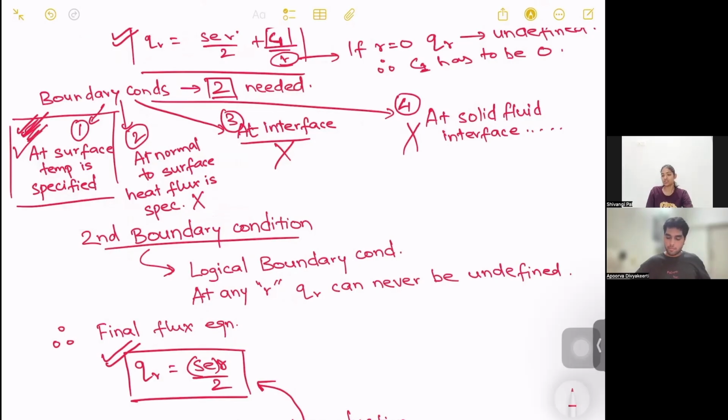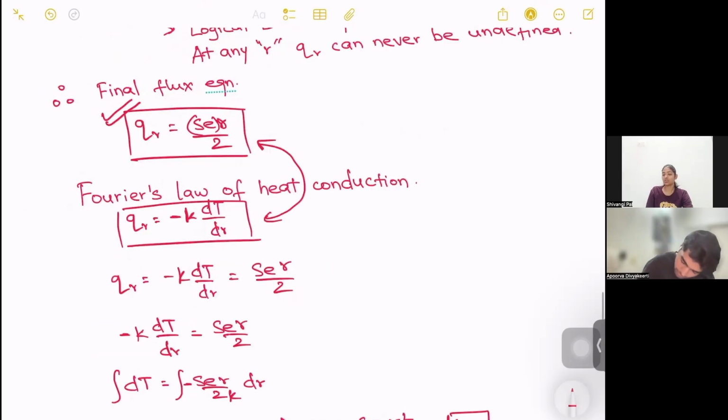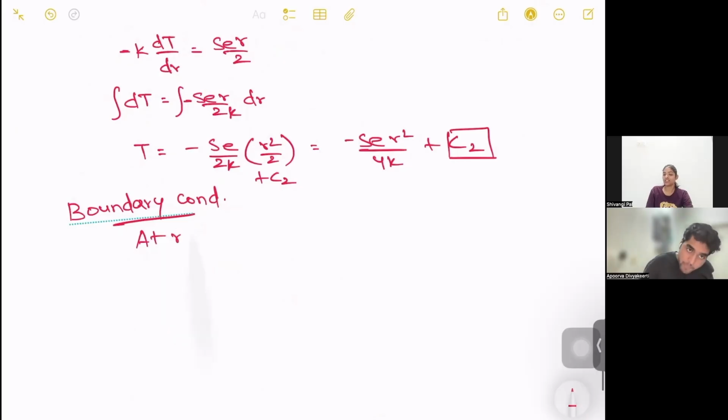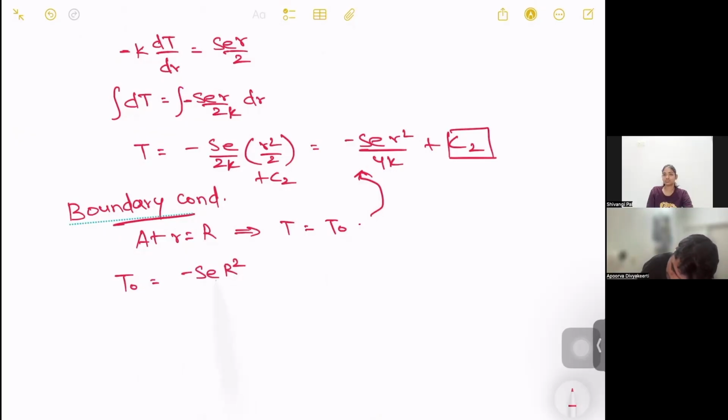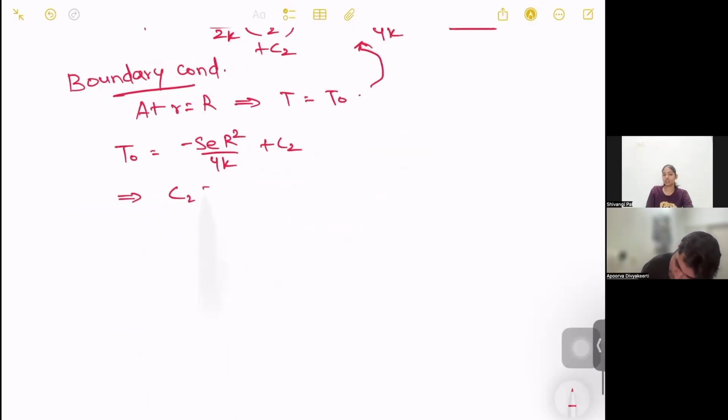As per this boundary condition, at r equal to capital R, our temperature T will be equal to T naught. We will substitute this value into the above equation to finally get the value of C2. From here, our C2 value will come out to be S_c R square by 4k plus T naught.